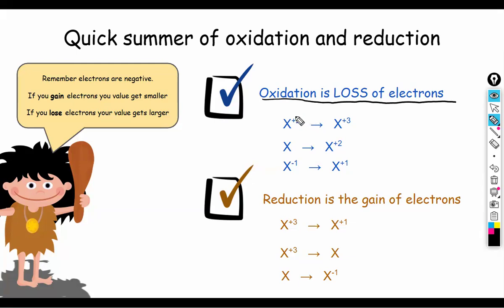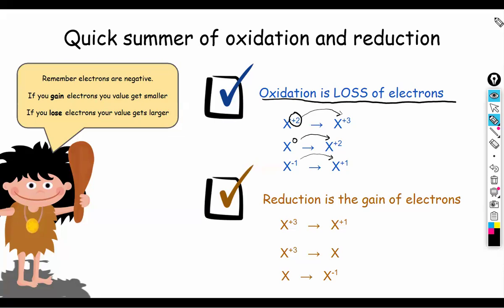So in oxidation, just remember the charge will always get larger, right? If something doesn't have a charge above it, it's automatically zero. So you see in all of these examples, the charge is getting what? Larger. So all of them are examples of oxidation, right?